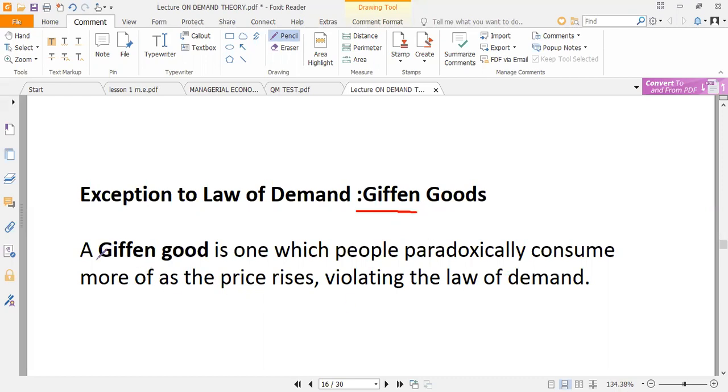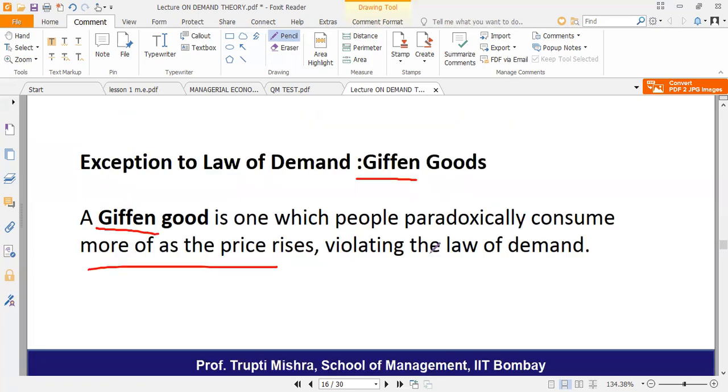It's called a Giffen good. This is one which people paradoxically consume more as the price rises, thus violating the what? The law of demand. Can somebody give me an example of any of such a good?